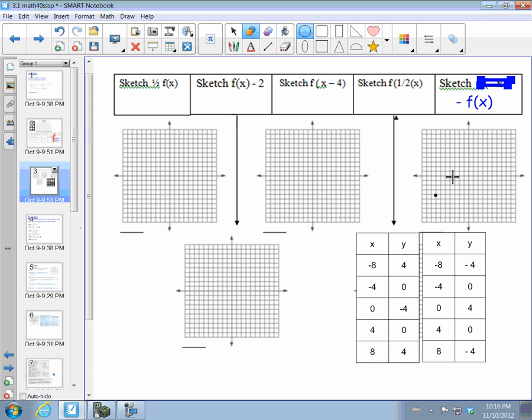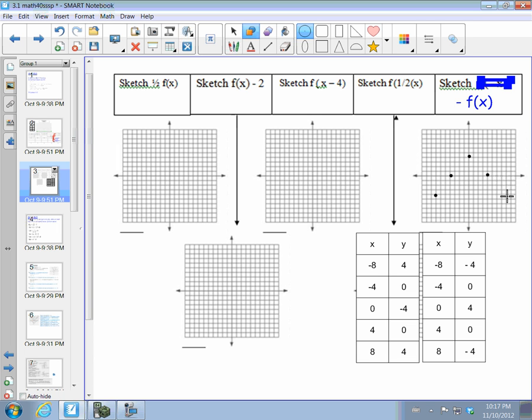My graph's a bit tough to see, but you guys will be able to see it better on your copy. 0, 4 would be right there. 4, 0 right there. And the last one, 8, negative 4.